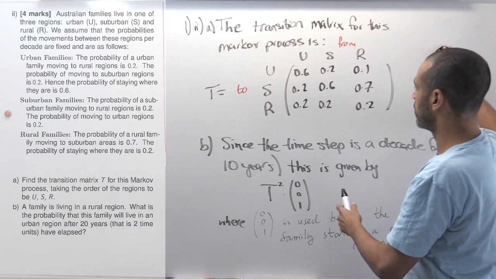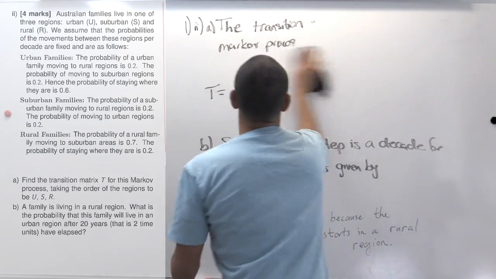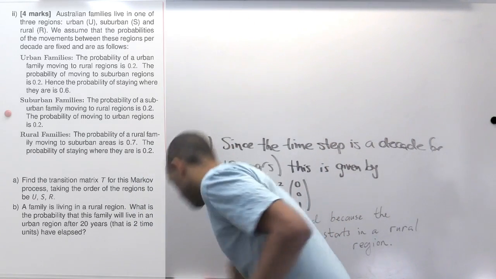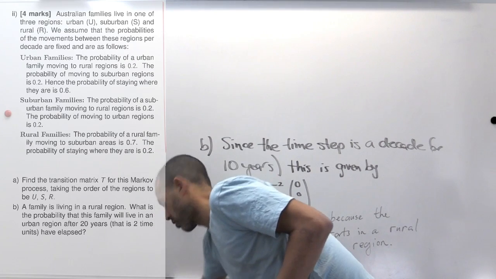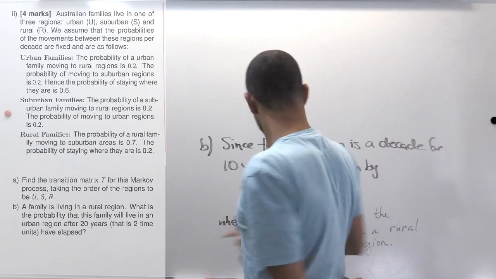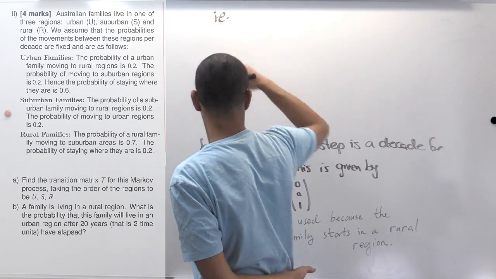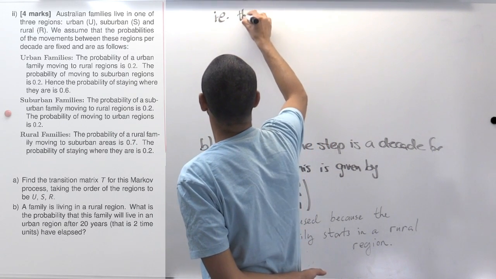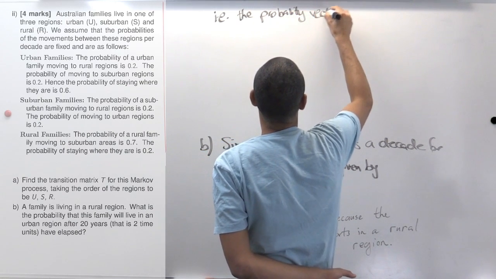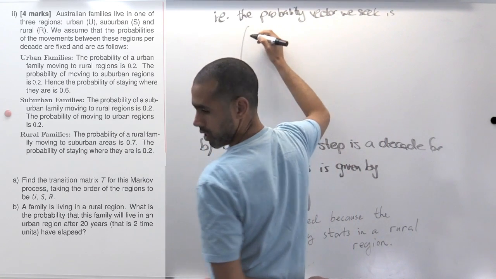Cool. So I'll rub this and carry on. Now, okay, we've got that. Then, i.e., the probability vector we seek is, what was it now?